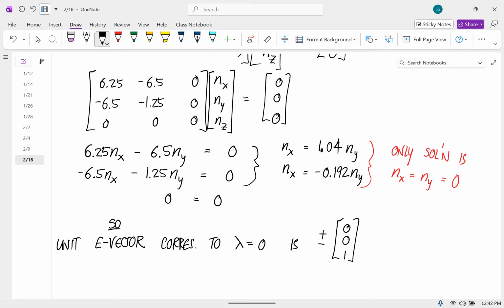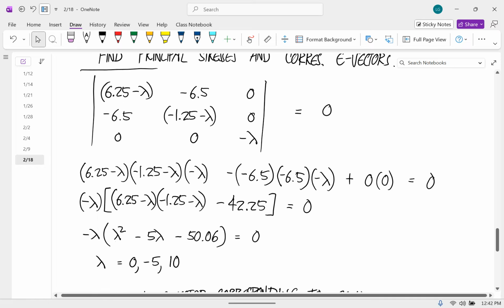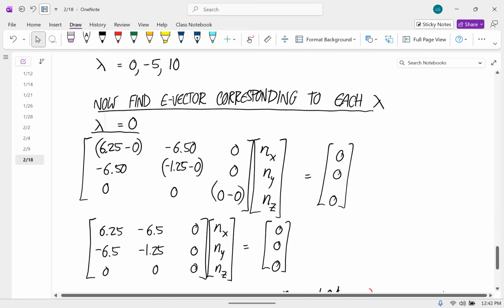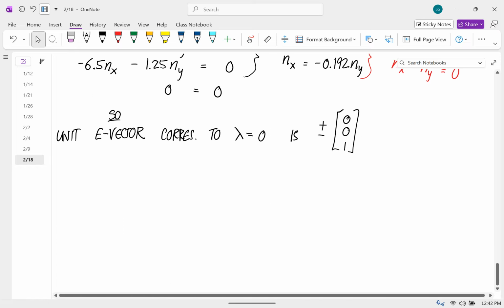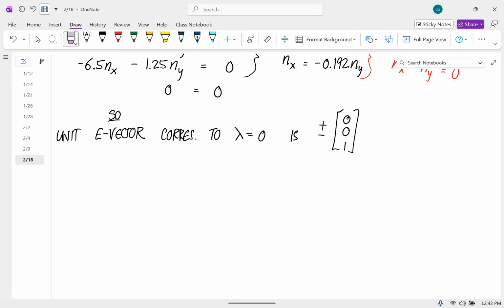Okay. Now we're going to do the same thing with the next one. What are the two? Negative 5. So let's do negative 5. So now lambda is equal to, this is the next one. And we're going to do lambda is equal to negative 5.